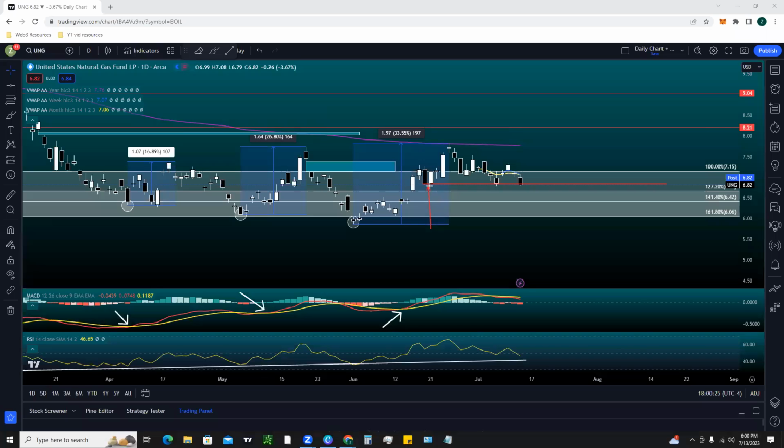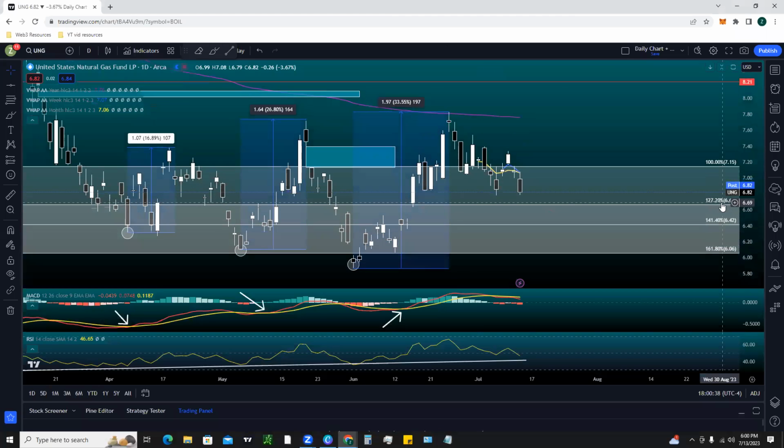Really a quad bottom, but you can call it a triple bottom here, here, and here. Okay. But remember, the more times you test the level, the weaker it gets, right? So we could end up breaking through here. All right. My support levels here for UNG are 667, 642, and 606. Those are going to be the key levels if UNG continues to break down. These are going to be some of the areas of interest.